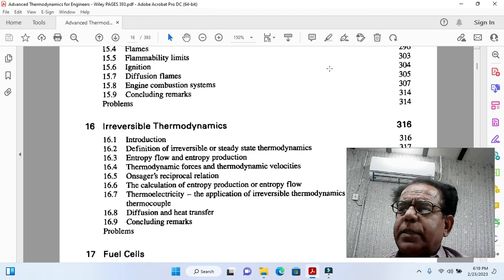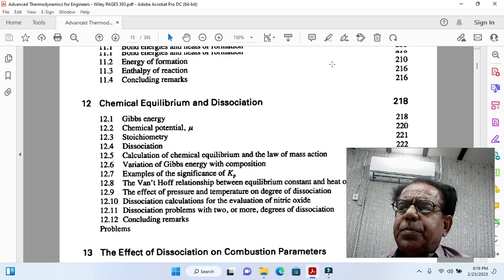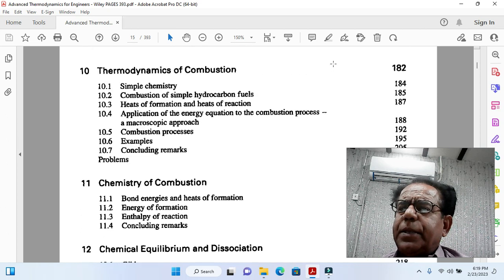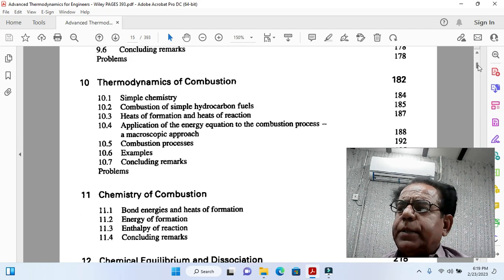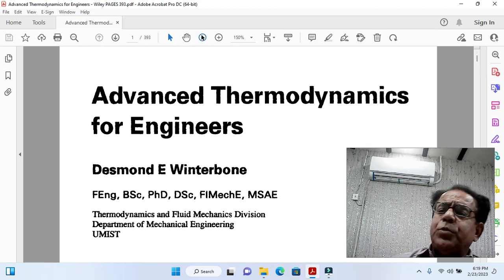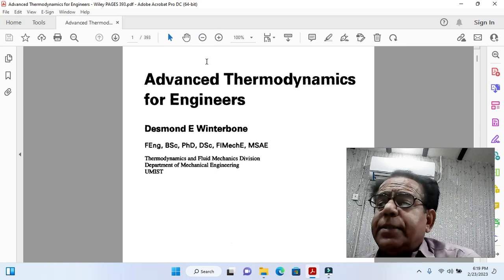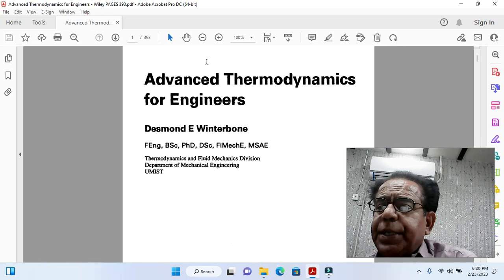Now we move back and reduce its size. Advanced Thermodynamics for Engineers, Desmond E. Winterborn.